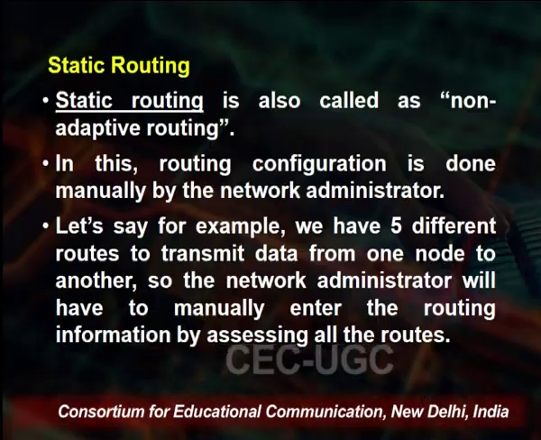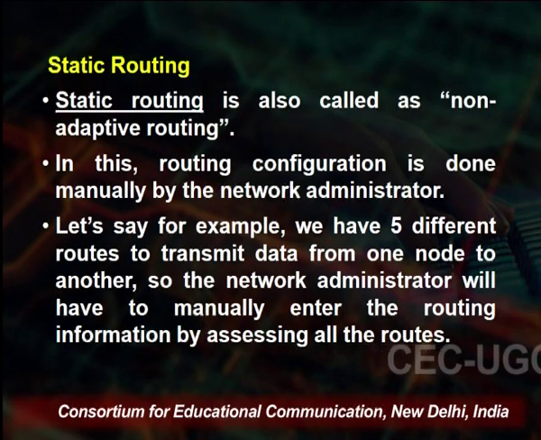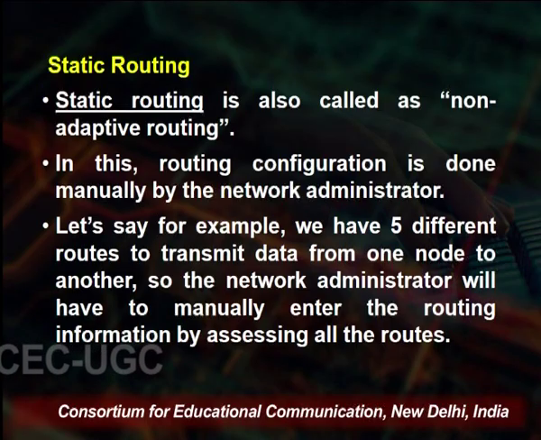Static routing, when we say it is static, is a non-adaptive routing. The routing configuration is done manually by the network administrator. For example, let us say we have 5 different routes to transmit data from one node to another.